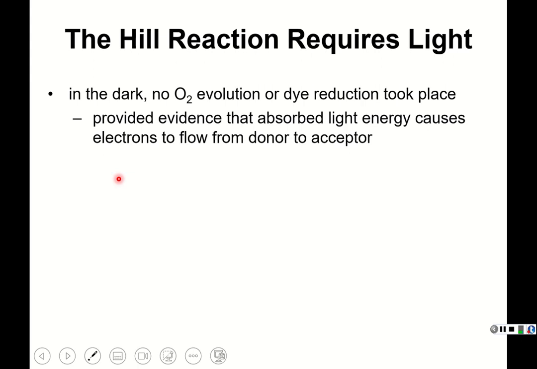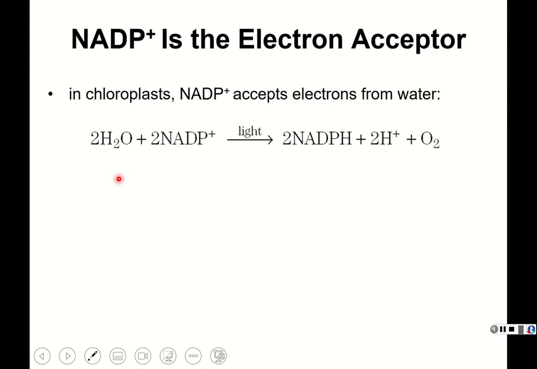In the dark, you don't get any O2 evolution in this reaction, and your dye doesn't get reduced, right? And that proves that you need light for this reaction. Okay. And again, in photosynthesis and the chloroplast, that A is NADP plus. It's what's accepting those electrons from water. So the overall process here is shown.